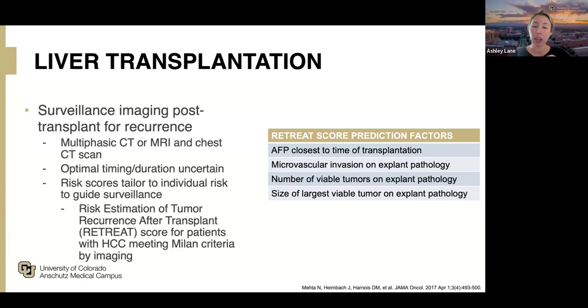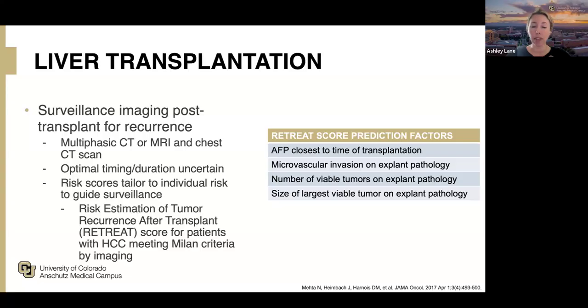And things that are taken into account in that RETREAT score: the AFP closest to the time of transplant, whether or not the tumor had microvascular invasion on explant, and the number of viable tumors on explant. So even though we did liver locoregional therapy before transplant, was there still viable tumor on the explant when we took that liver out?